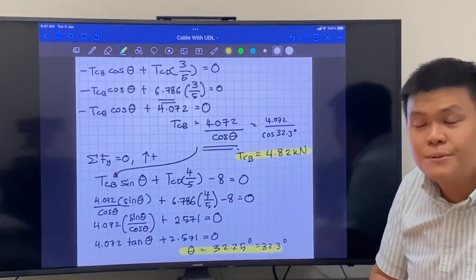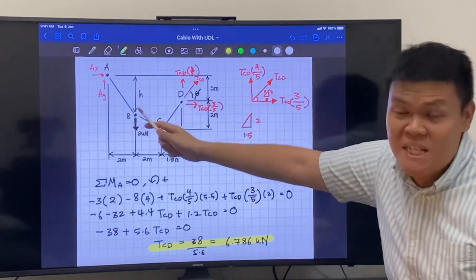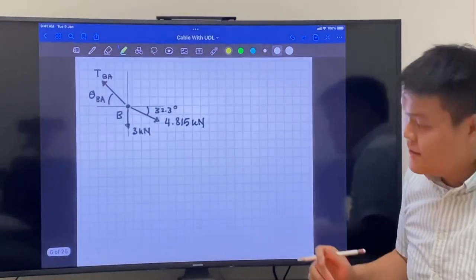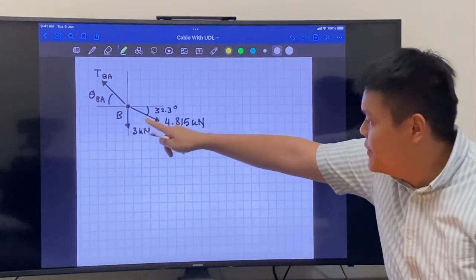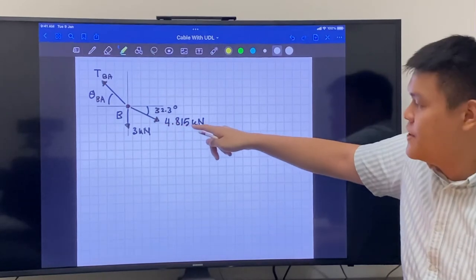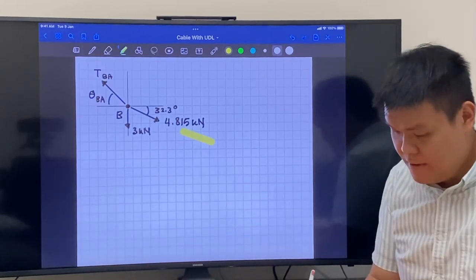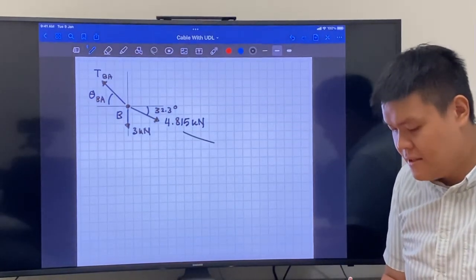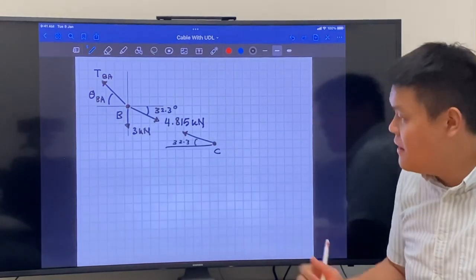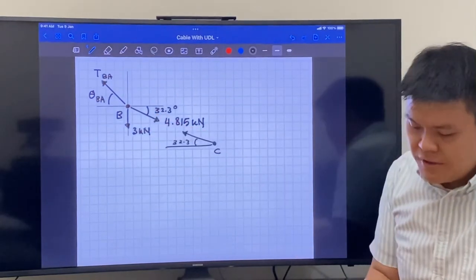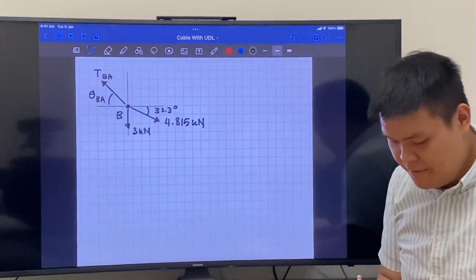Great so far, right? So we only have one more to find, which is AB. So let's take a look at B. B has this component here, and since I already know the value, I'll just write it straight away. And since I know that this angle is 32.3, then it follows that this angle is also 32.3 degrees. So again, we'll start with the horizontal direction.